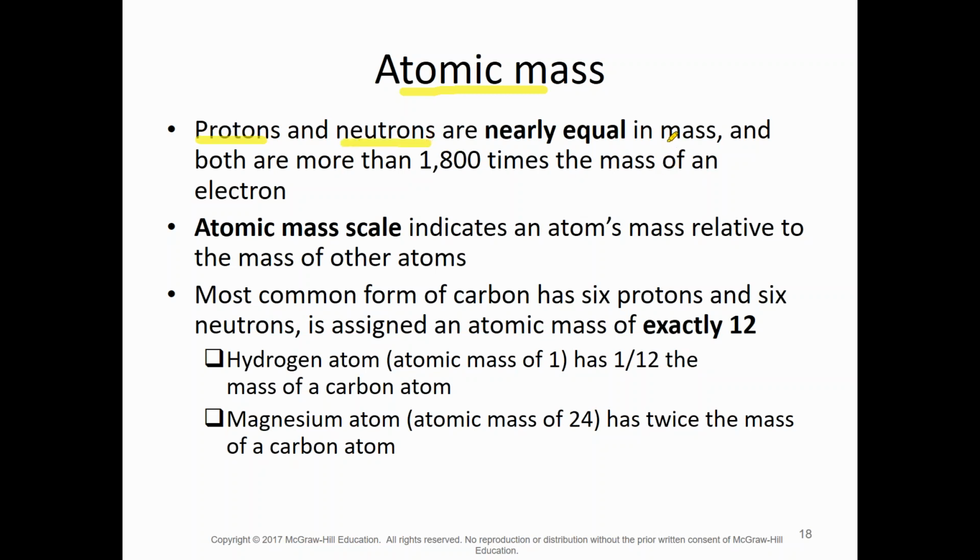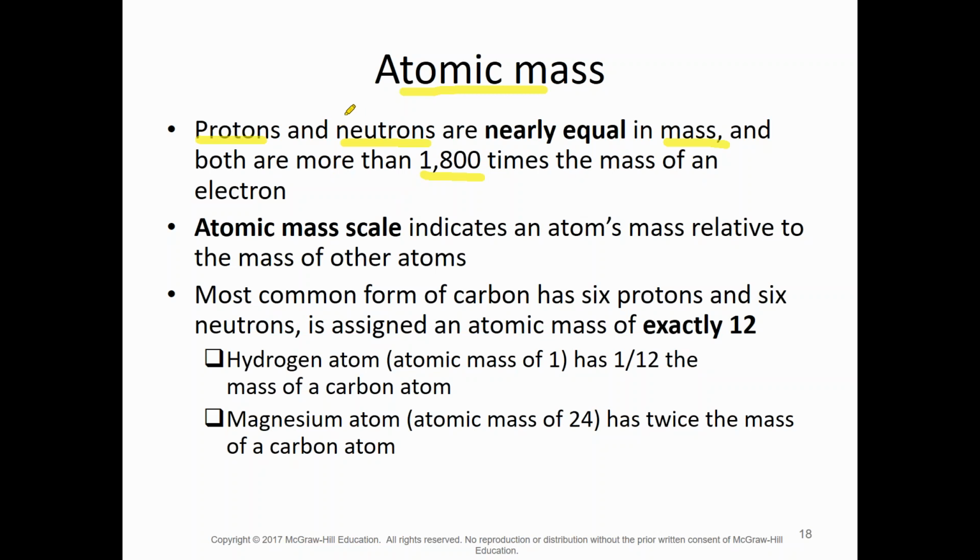Protons and neutrons are quite massive. They are 1,800 times the mass of an electron. Electrons have extremely low mass. As a result, electrons are not included in the atomic mass calculation. We don't even consider them because they're so light.